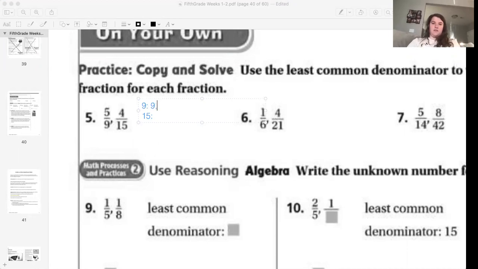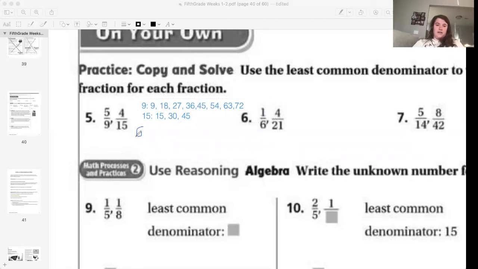So we have 9, 18, 27, 36, 45, 54, 63, 72. And then same thing with 15: we would do 15, then we get 30, then we get 45. And if you look, 45 appears to be the one they have in common. That's the smallest.